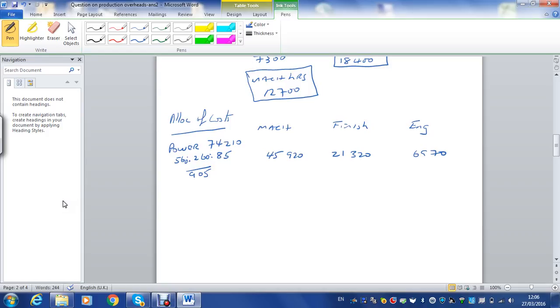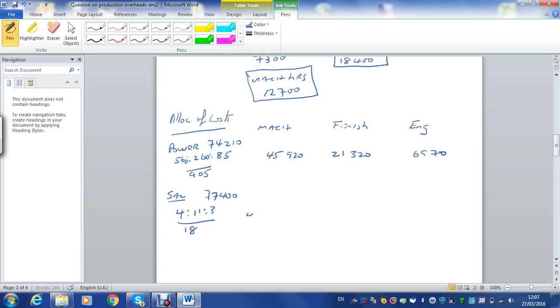The next one we look at is the supervisory salary, and the total there is 77,400. The ratio here is a little bit easier: 4:11:3 over 18.